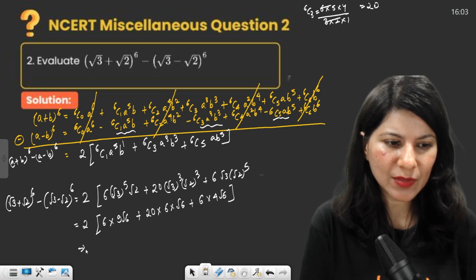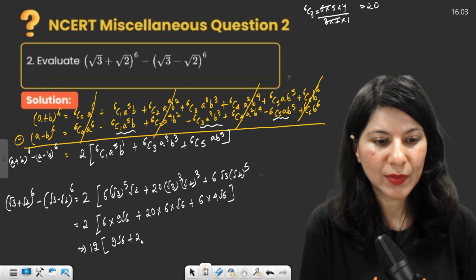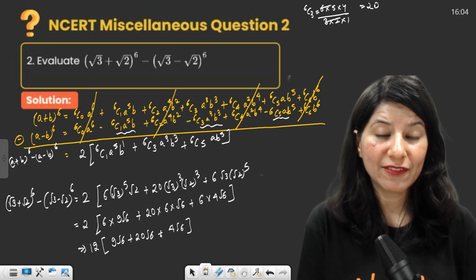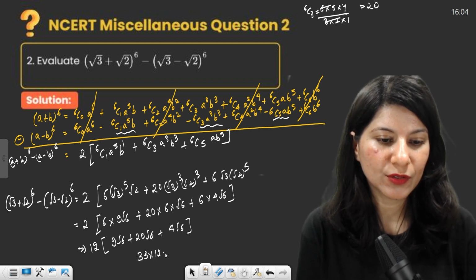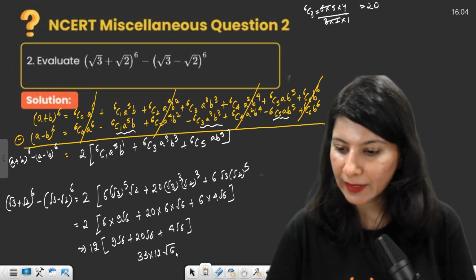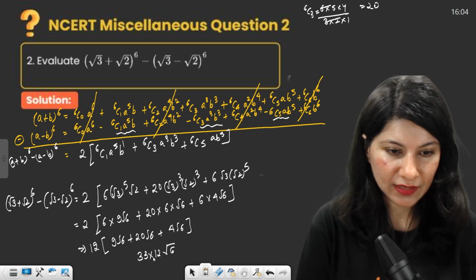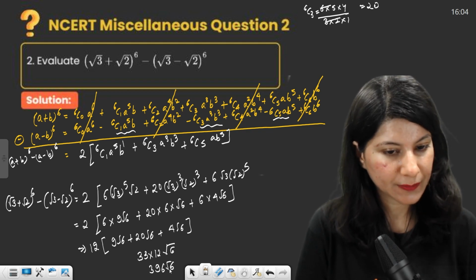Correct. 6 can be taken out. So this is 12 times (9 root 6 plus 20 root 6 plus 4 root 6). So 20 plus 9 plus 4 would be 33 into 12 root 6. Okay. All right. So the answer will be 396 root 6.